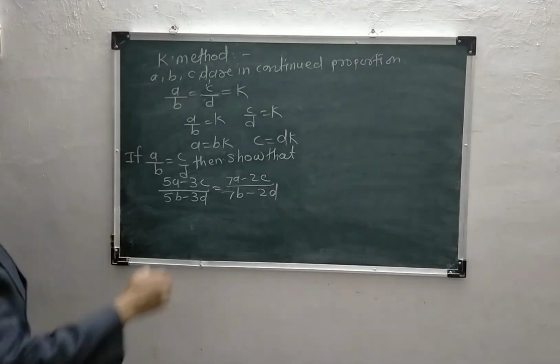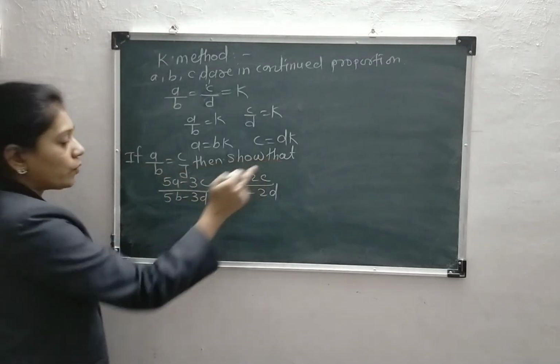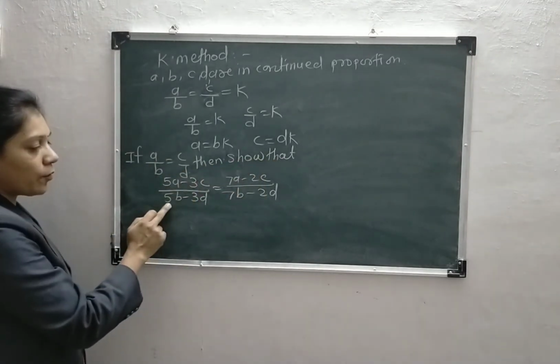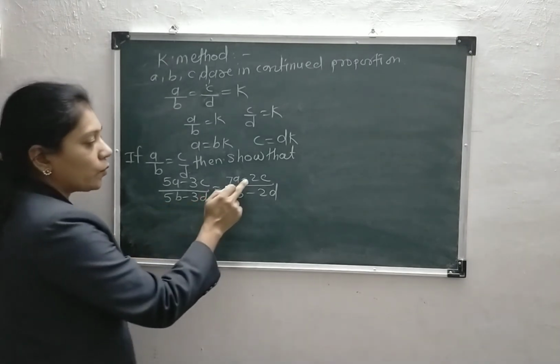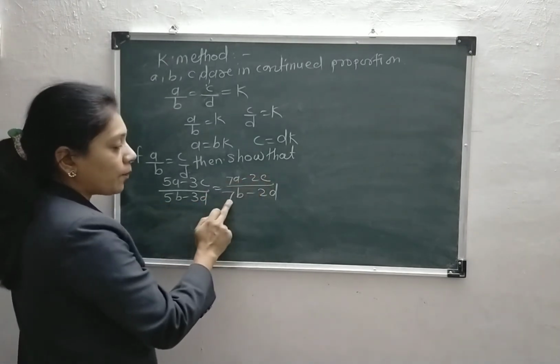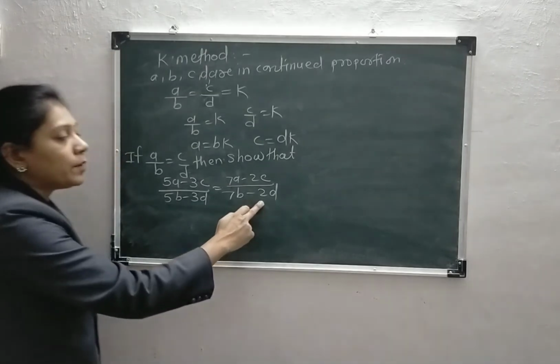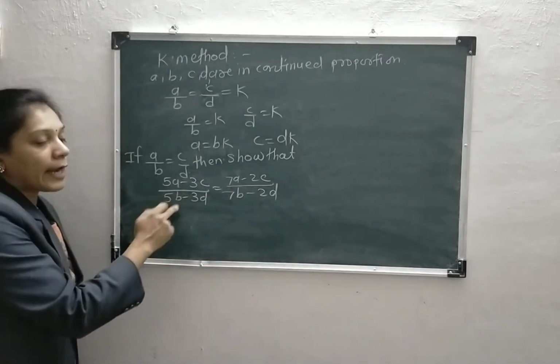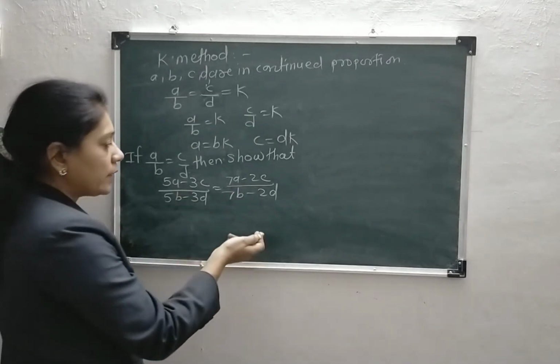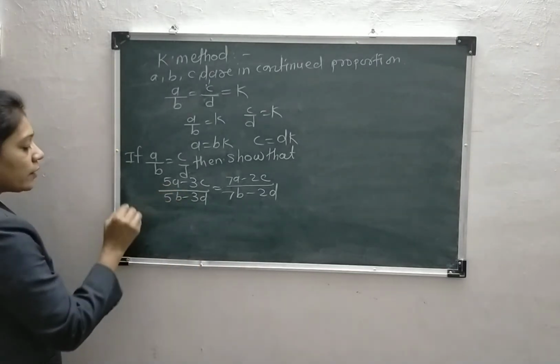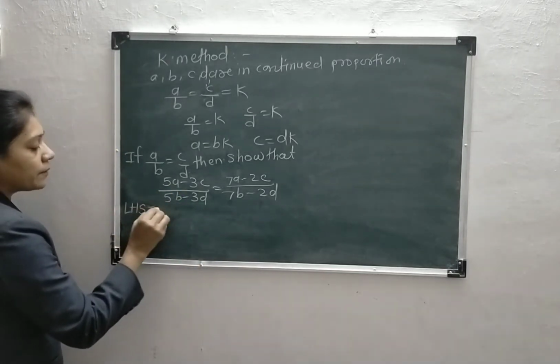Here we have to show that the left hand side is equal to the right hand side. So first we prove the left hand side.